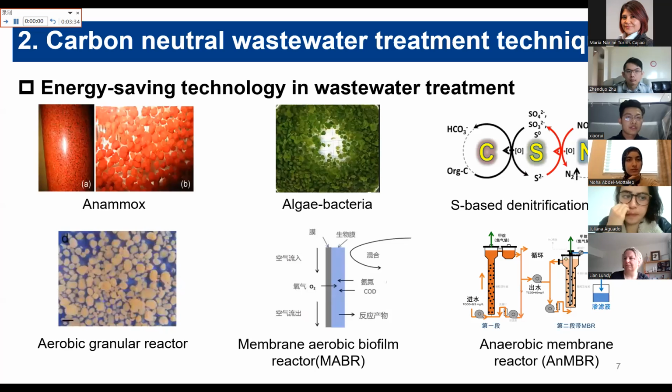Currently, researchers focus on developing energy-saving technology in wastewater treatment, including Anammox, algae, and sulfur-based denitrification. These technologies are useful for nitrogen removal, and the anaerobic granular reactor and AnMBR are used for carbon capture.